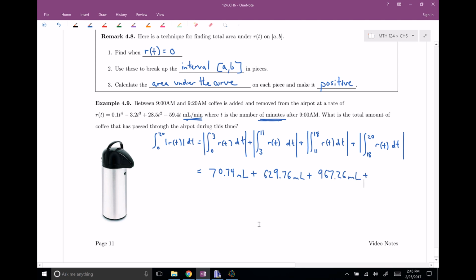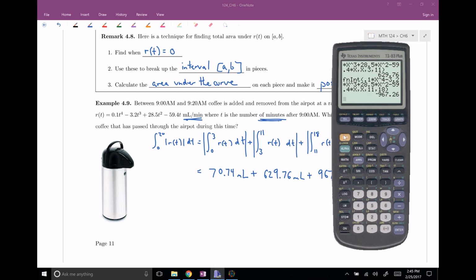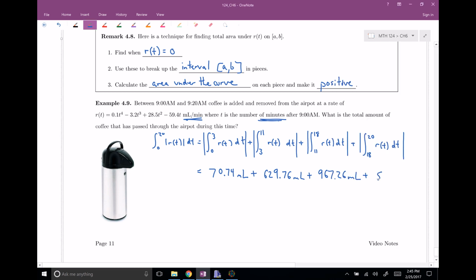And then finally, from 18 to 20, 528.24 were added.